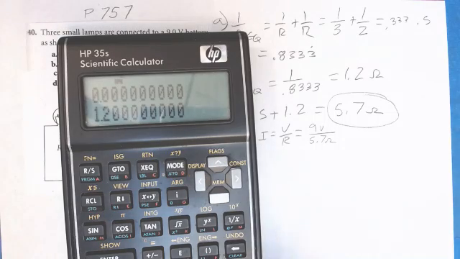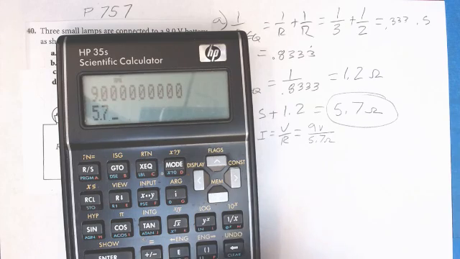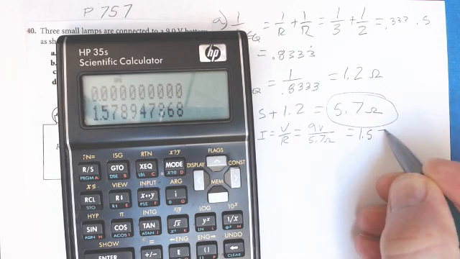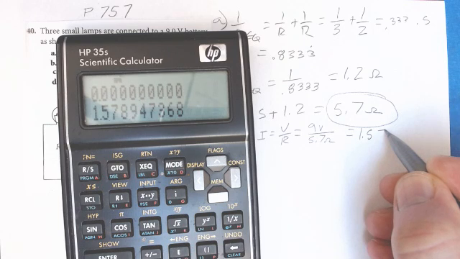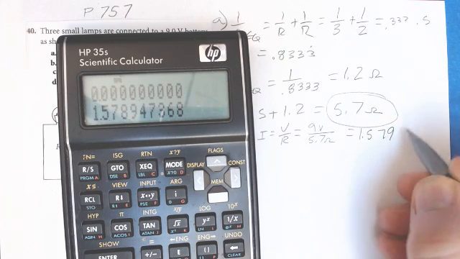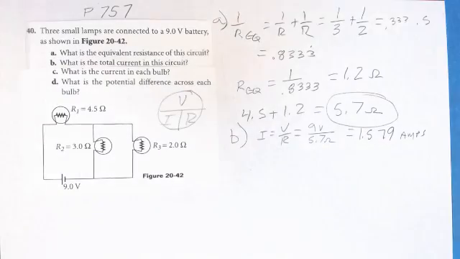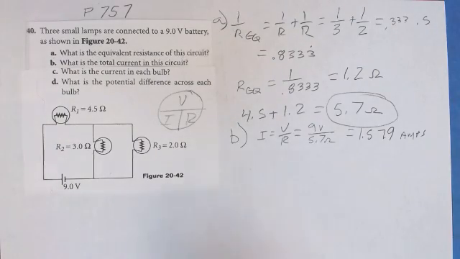So 9 divided by 5.7 would be equal to 1.579 amps. That's probably too many digits. I have a tendency to do that.